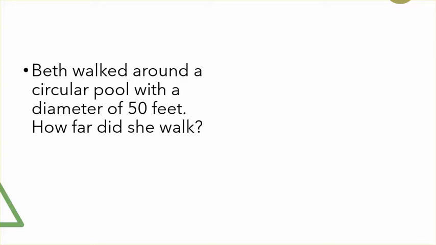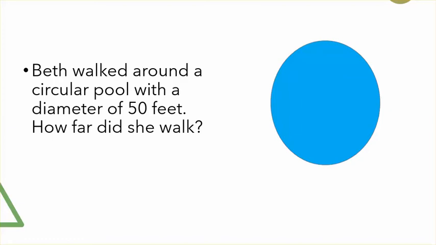In some problems, you might not have a picture. In this case, it will be really important to read through carefully so you know what part you're given and what you're asked to find. Beth walked around a circular pool with a diameter of 50 feet. How far did she walk?